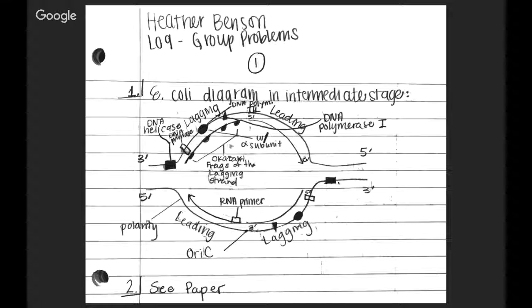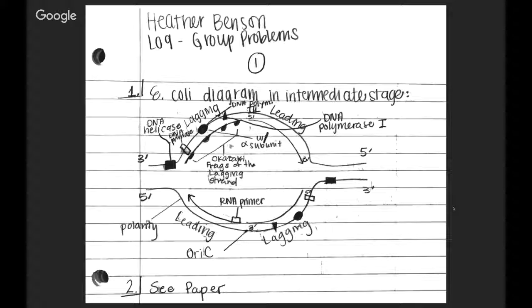And then RNA primers for the strands. So we have an RNA primer right here going that way. And then 2 leading strands. So we have a leading strand here and a leading strand up here. And it kind of is a mirror image going diagonally there.